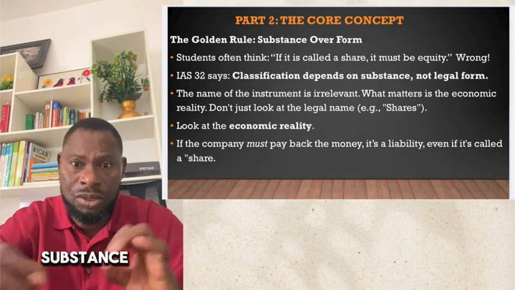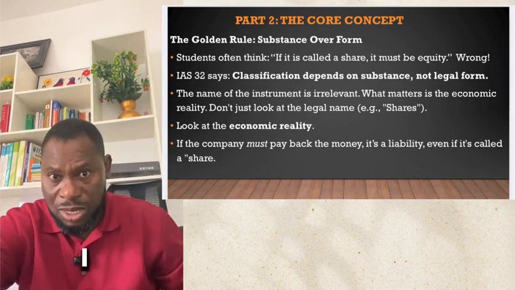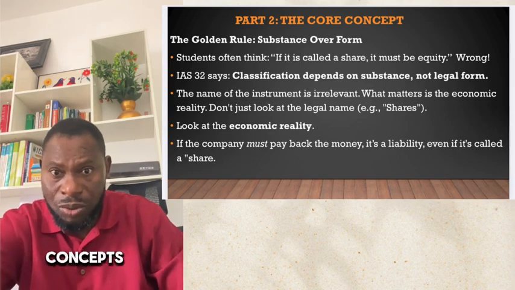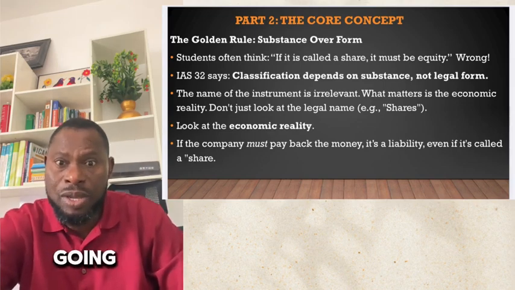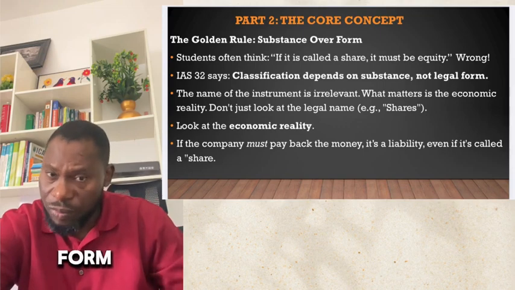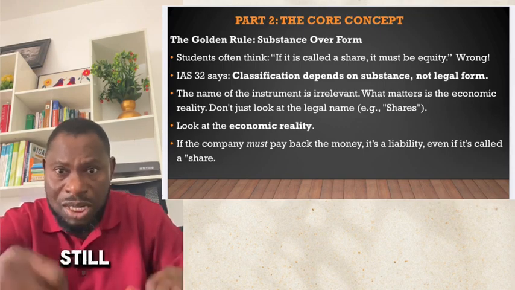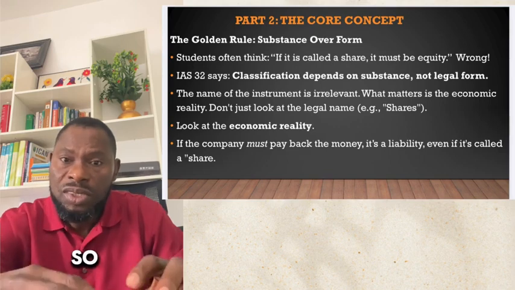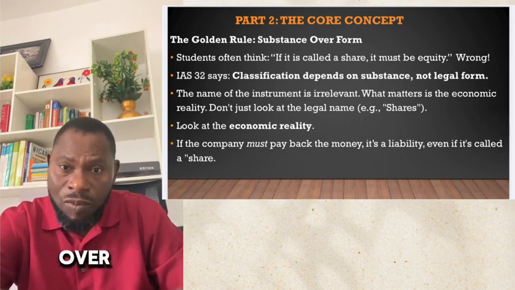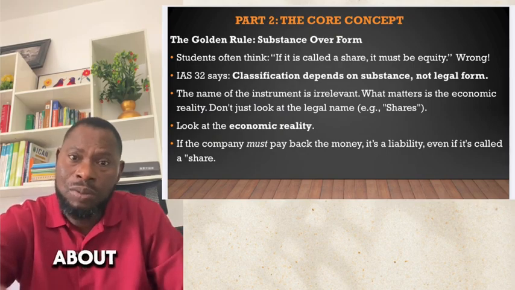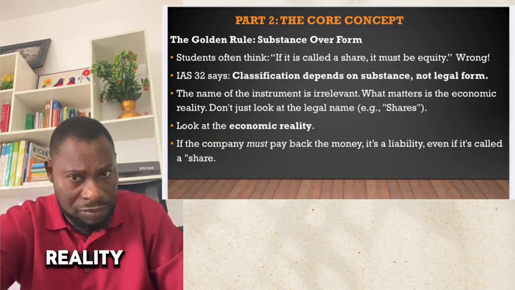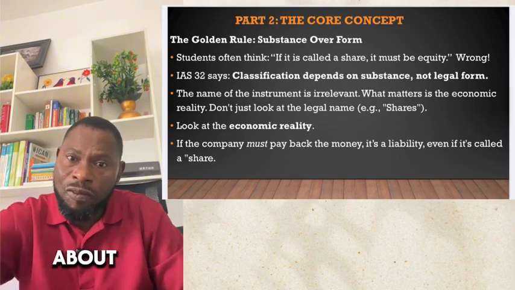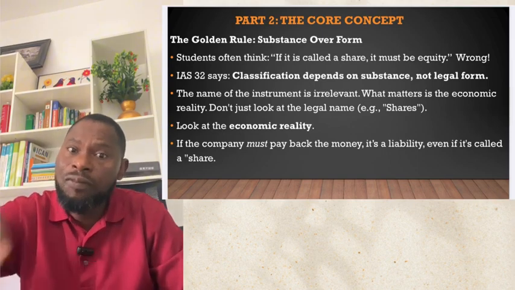Now, let me explain substance over legal form, even though there's a video I did on it when I was talking about accounting concepts, all those prudence, going concern, substance over form. You can go and watch it and come back, but I will still explain it here. So, substance over form. When we say substance, we're talking about economic reality. Now, when we talk about form, we're talking about legal form.